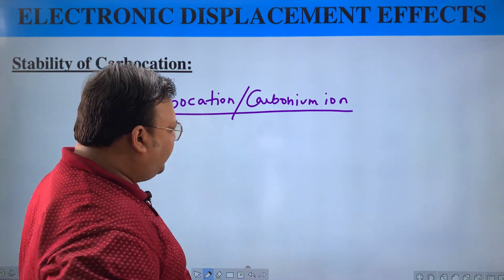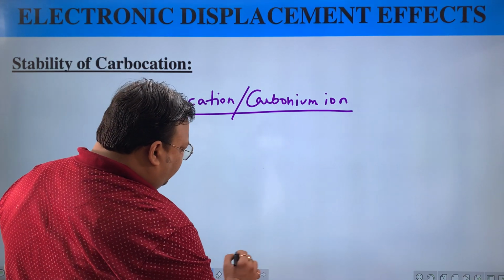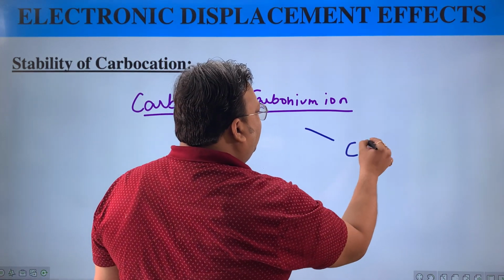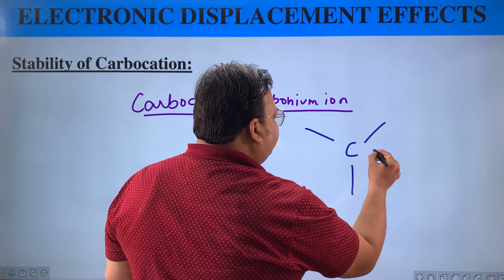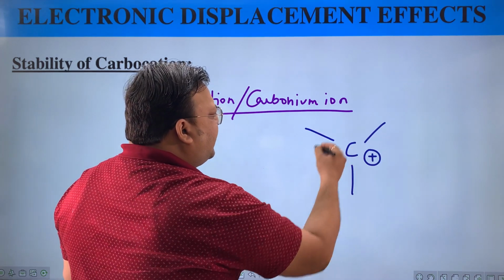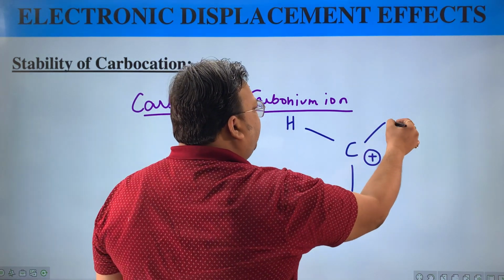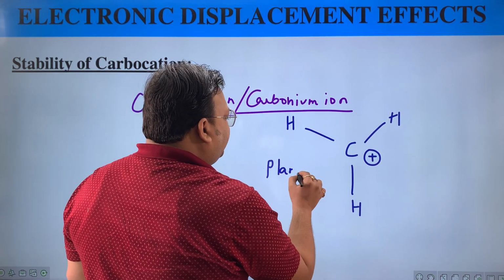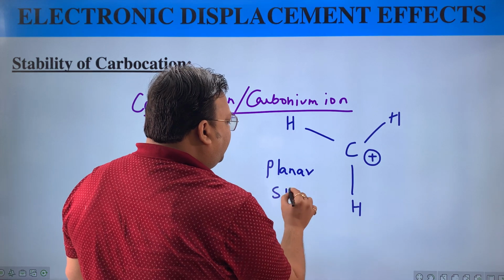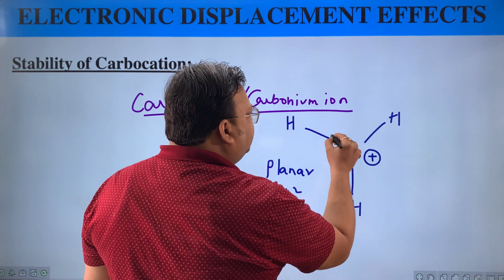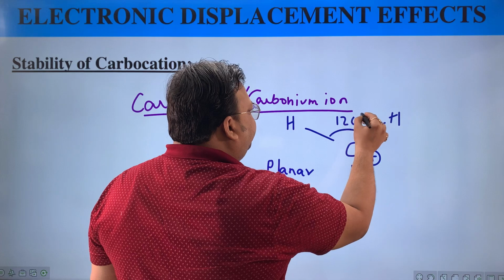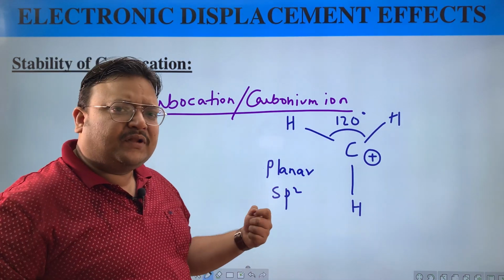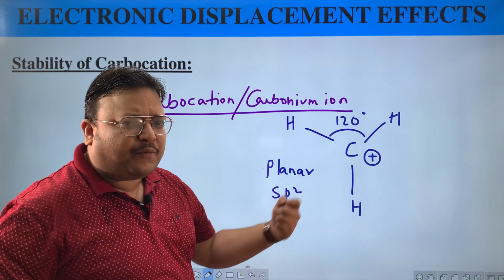Carbocation or carbonium ion was about a species of carbon having three bonds and a positive charge. If all the three are identical, if it's the simplest methyl carbocation, naturally the structure is going to be planar. This is sp2 hybridized, and all bond angles would be 120 degrees. Trigonal planar, all bond angles 120 degrees, sp2 hybridized are some features we associate with carbocation.